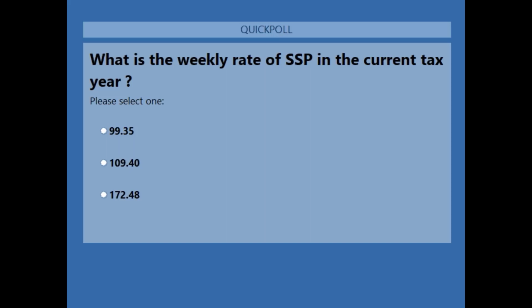Or is it £172.48? Again, you should see those 3 options. Select what you think's right and hit the submit button. As I mentioned, we'll leave this on for a minute, which means we've got roughly 20 seconds left on this particular question.